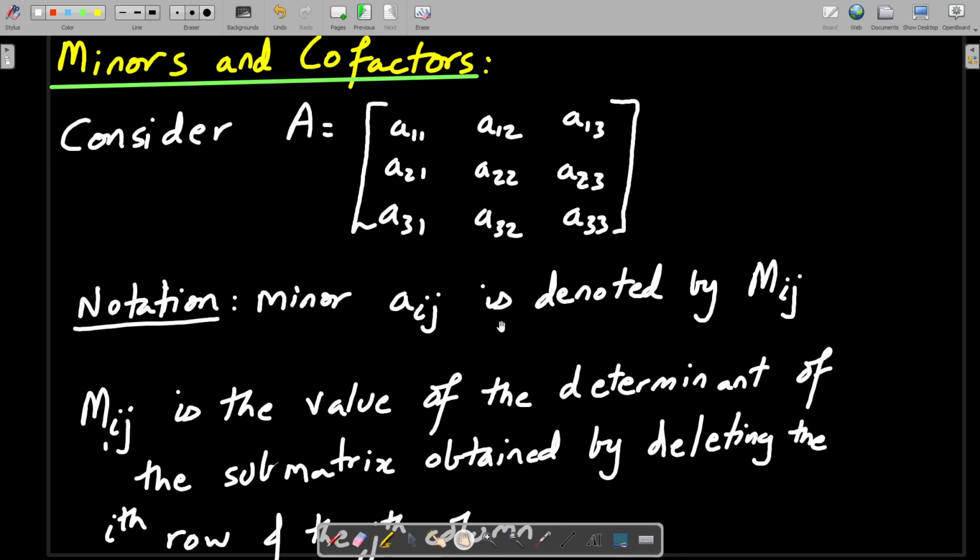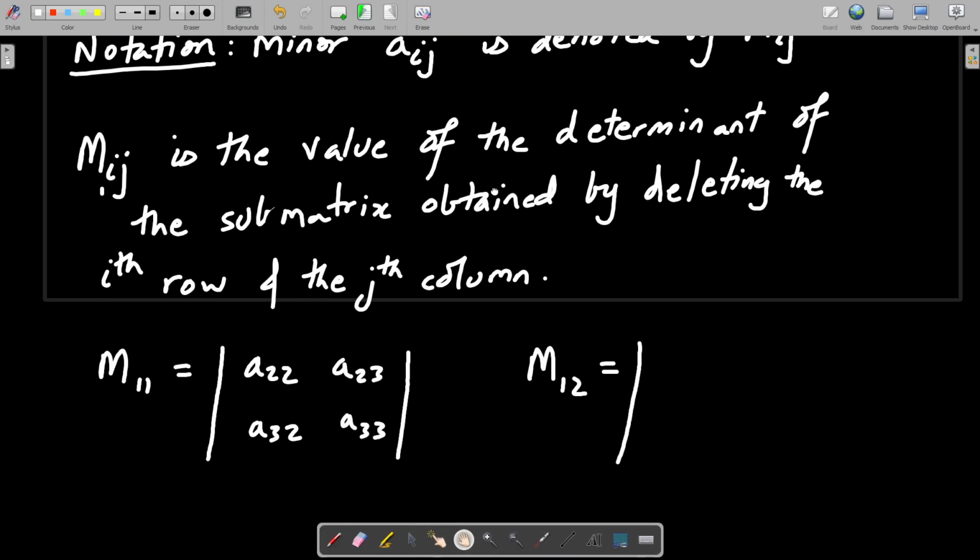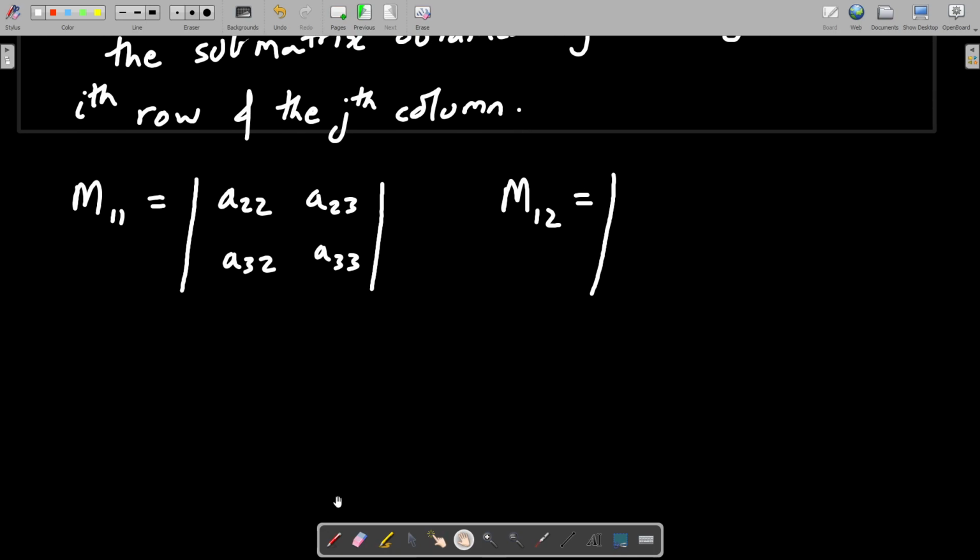Just see here. I'm deleting the first row and the second column. So what remains is this, and this. A32, sorry.